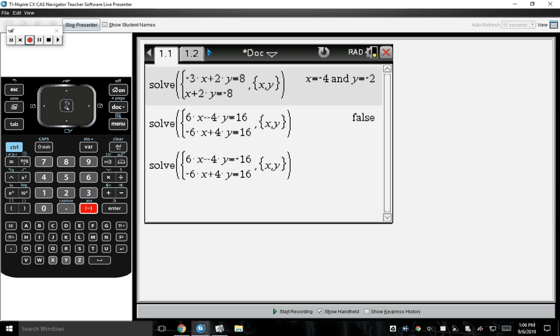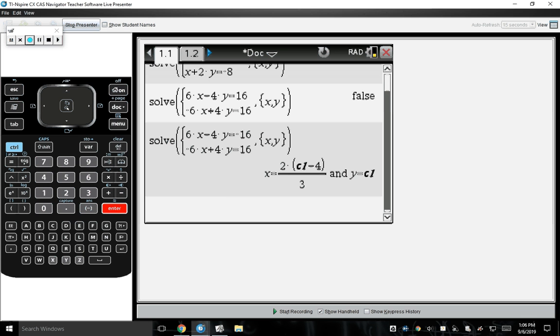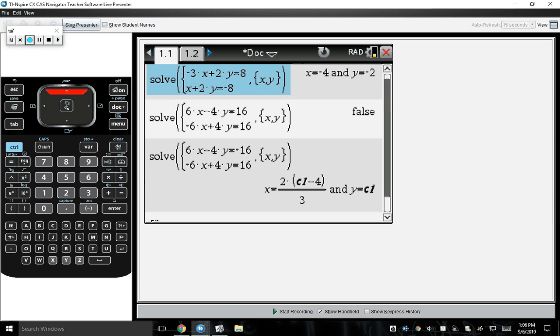Because when it was a negative 16, I had 0 is equal to 0, which was what? Infinite solutions. Let me show you what that looks like here. This weird stuff, if you use the calculator to check your work, that means infinite solutions. False means no solutions. And obviously the first one that we had, if you have one answer, it would spit it out as x equals something and y equals something.